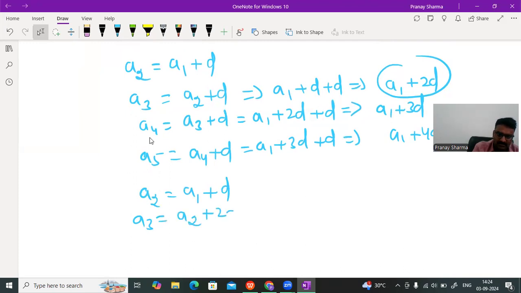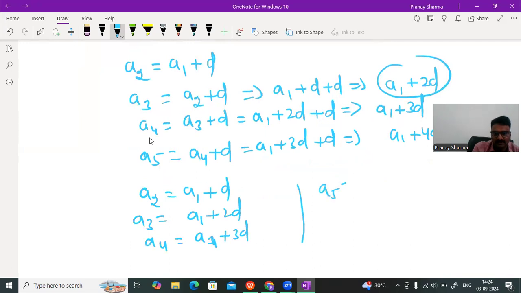A1 plus 2D. A4 is what? A1 plus 3D. And A5 is what? A1 plus 4D.